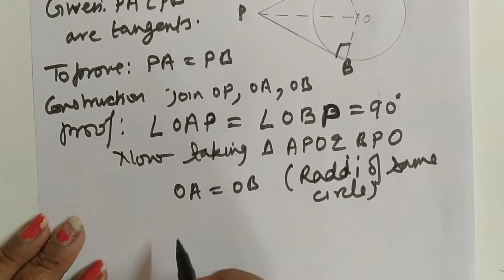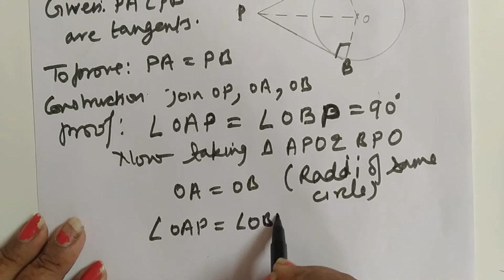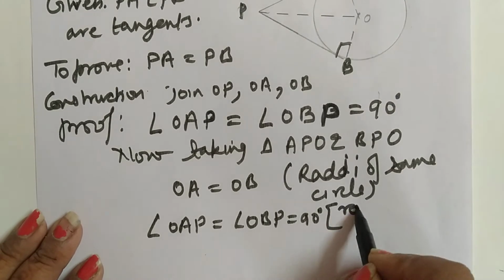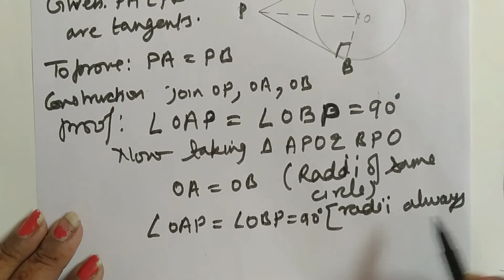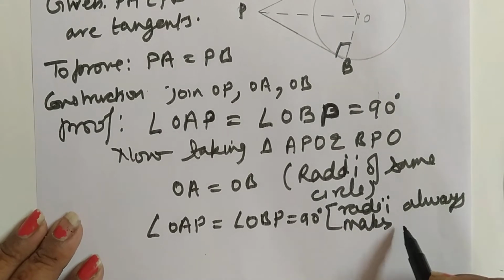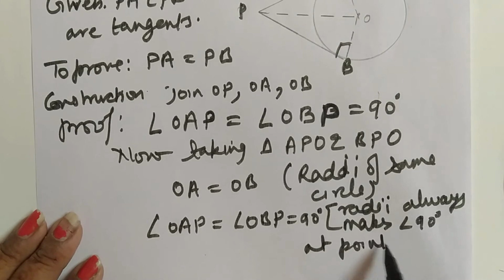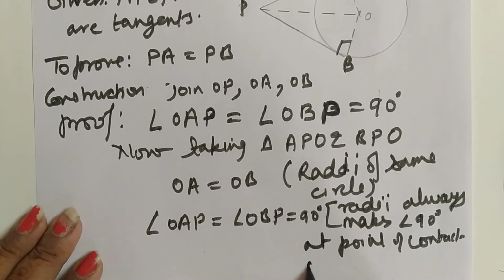And angle OAP is equal to angle OBP, which is equal to 90 degrees. We can write the reason: a radius always makes an angle of 90 degrees at the point of contact on the tangent.